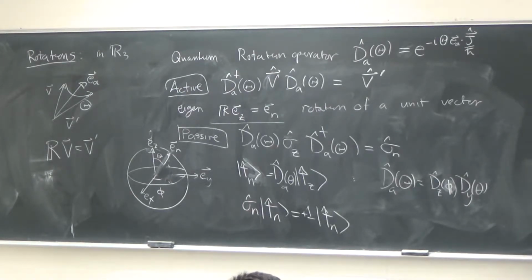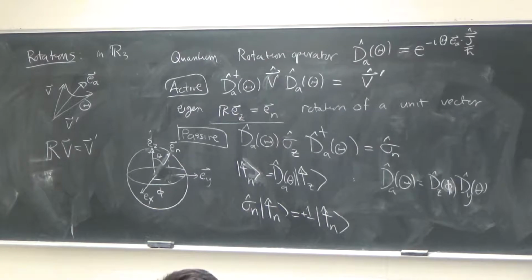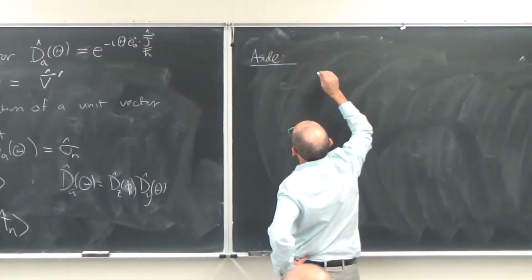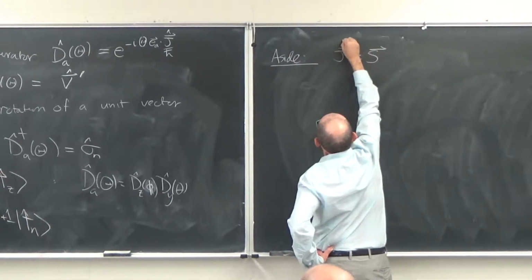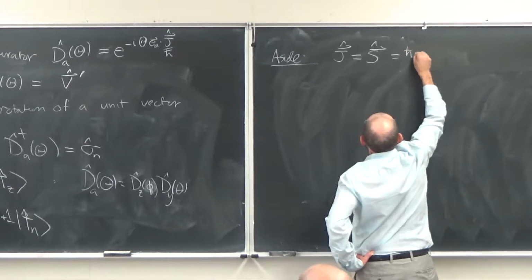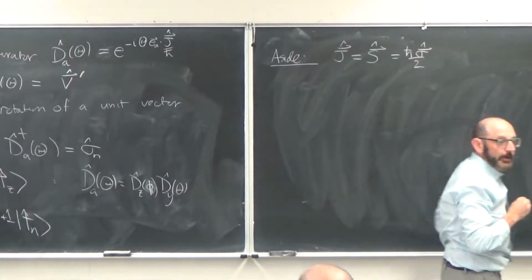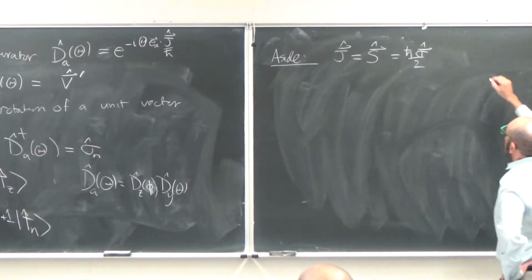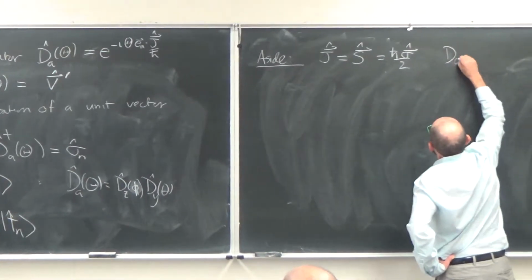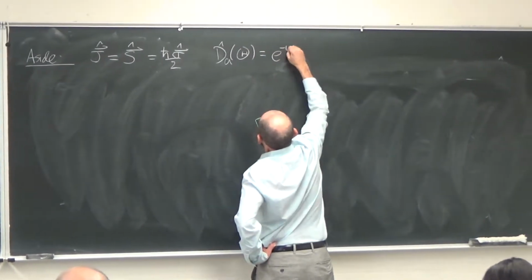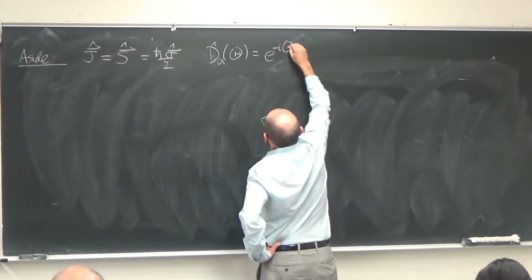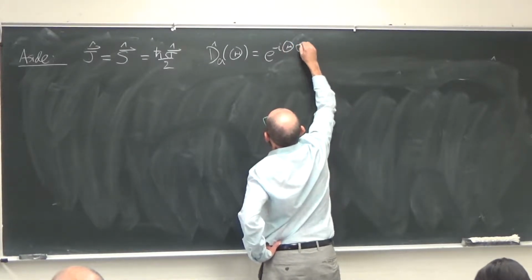So let us do a little aside over here and remind ourselves that now we're going to look at the case where J is the spin 1/2, which is h bar sigma over 2, right? So that for an arbitrary axis and an arbitrary angle, this is equal to e to the minus i theta sigma sub a over 2.